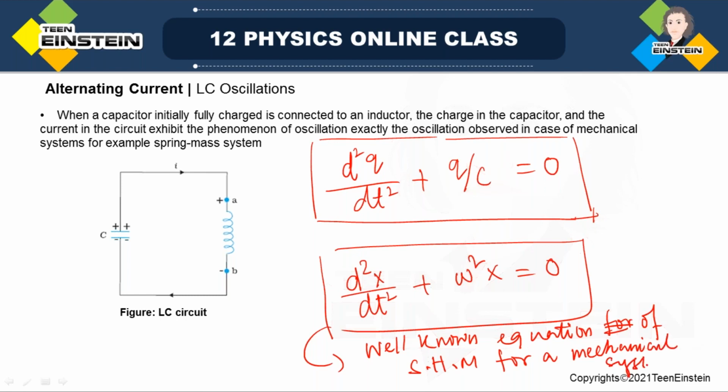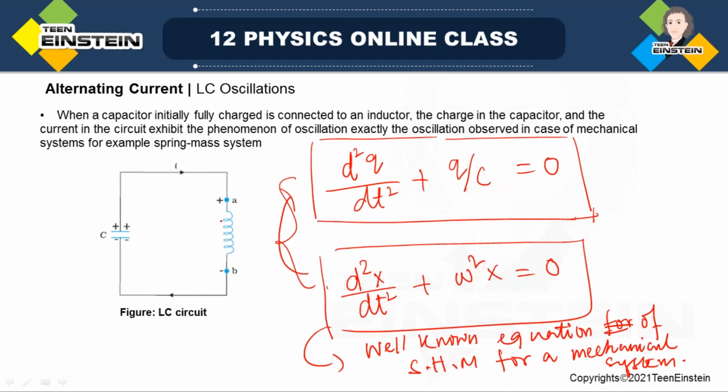This you have already learned in your 11th standard. We are going to use this equation here just to compare what we have got. Just compare these equations. See, these equations are having a similar form.